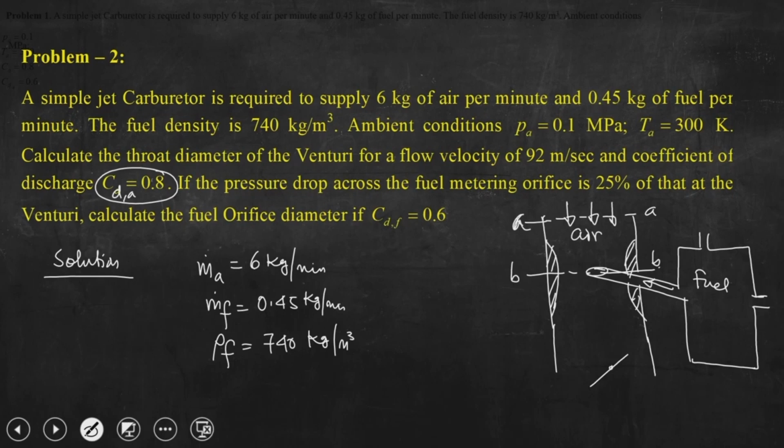And we need the flow velocity of 92 meter per second. Calculate the throat diameter of the venturi for a flow velocity of air definitely.